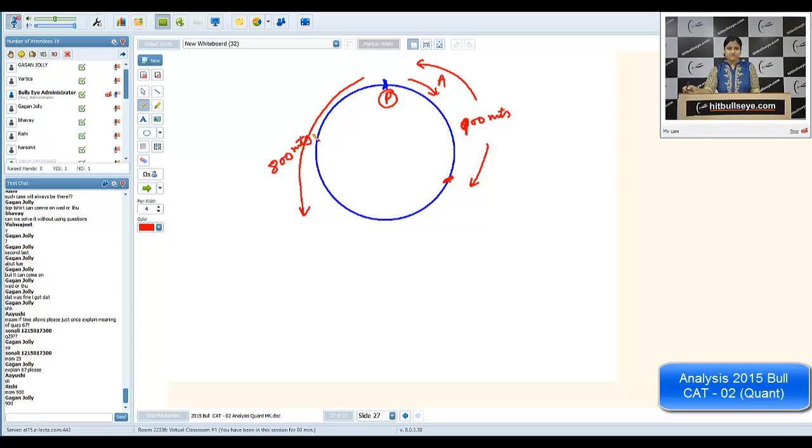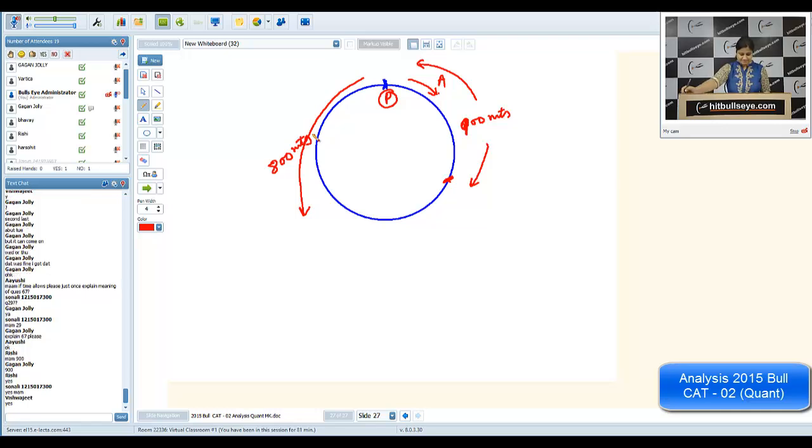If they are meeting for the second time, can I say they will complete 2 rounds in total? Is it okay? It is saying that B is yet to complete a round and A has met him twice.